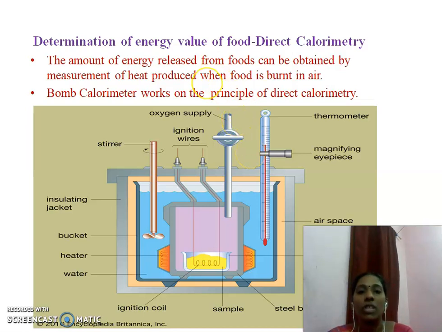This will give you how much heat is produced during the burning of the food sample. With this we are going to see the calculation part, how by using this increase in the temperature the calculation can be done to find out the energy value of food.